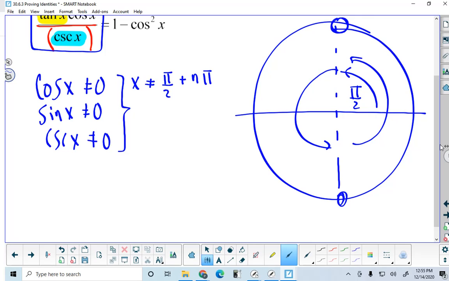Sine is not allowed to be 0. Where does sine equal 0? Here and here. So for those of you that were kind of using your calculator to avoid the unit circle, I think the time has come where you have to stop doing that. So x is not allowed to be 0 plus multiples of pi, and this never happens.